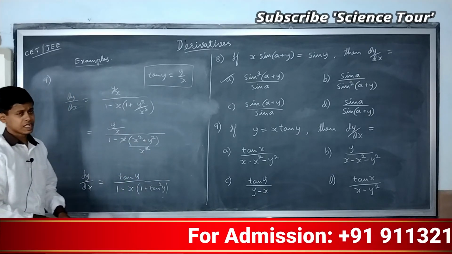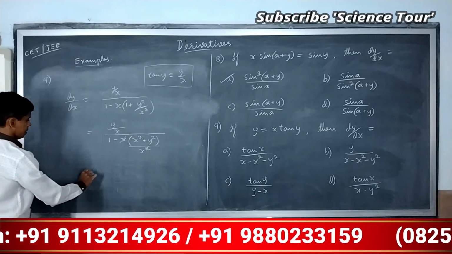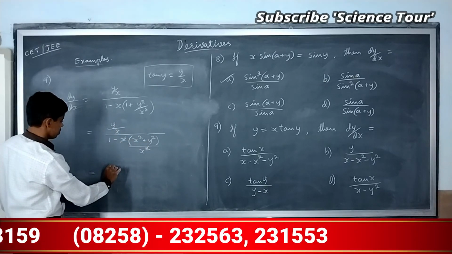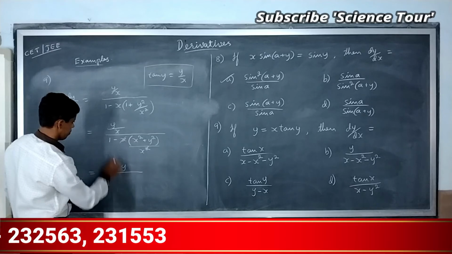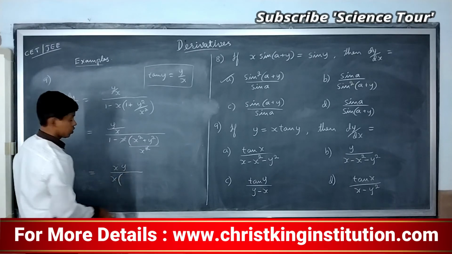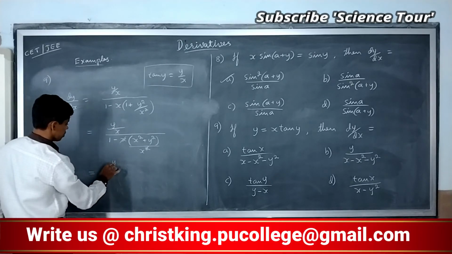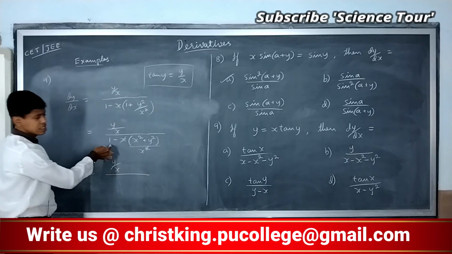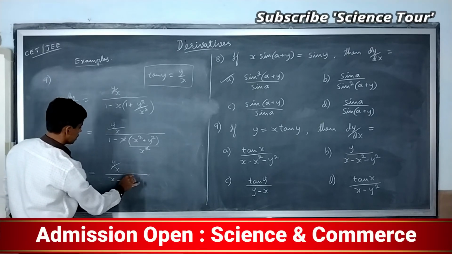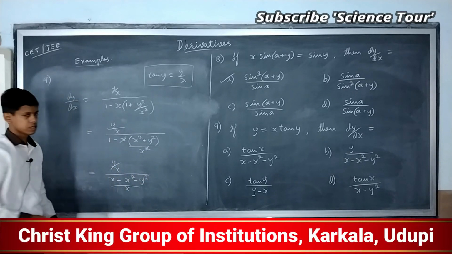So it will cancel once and then you will be left with x, take it to the numerator, so that will be xy and this x into, or you cannot because you have to take LCM first, I am sorry. So this is y by x and take the LCM, so this is x minus x square and minus y square whole divided by x, correct.